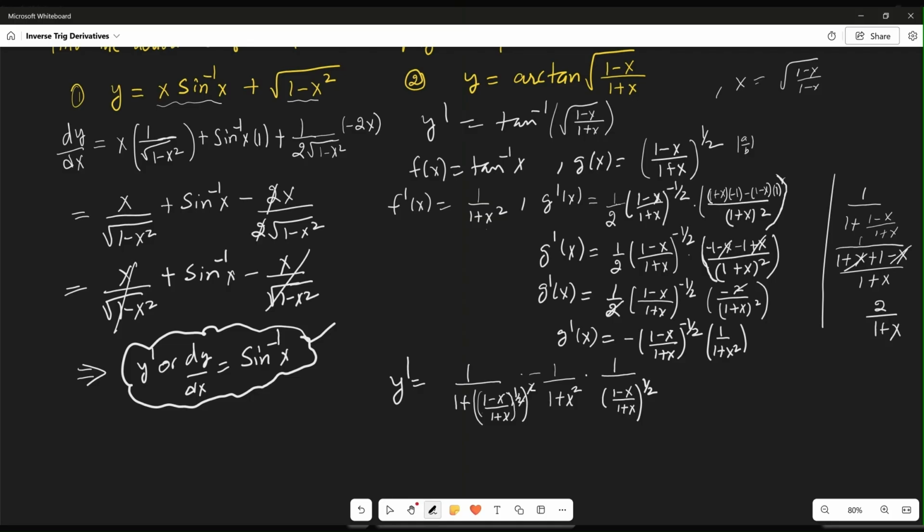Again missing this, right? So this is going to be 1 divided by 2 over 1 plus x, which is simply equal to 1 times 1 plus x over 2. Okay, so we have the simplified expression here.